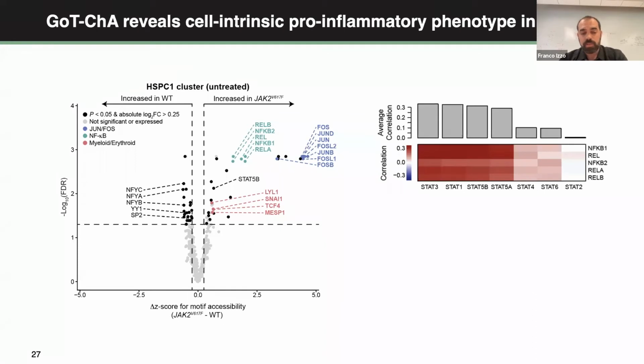And in addition, these motifs correlate with STAT1, 3, and 5 accessibility, which is shown on the panel on the right. And these are the canonical downstream targets of the constitutively active JAK2 V617F mutation. So this could be a link from the mutation towards the pro-inflammatory phenotype in an intrinsic manner.